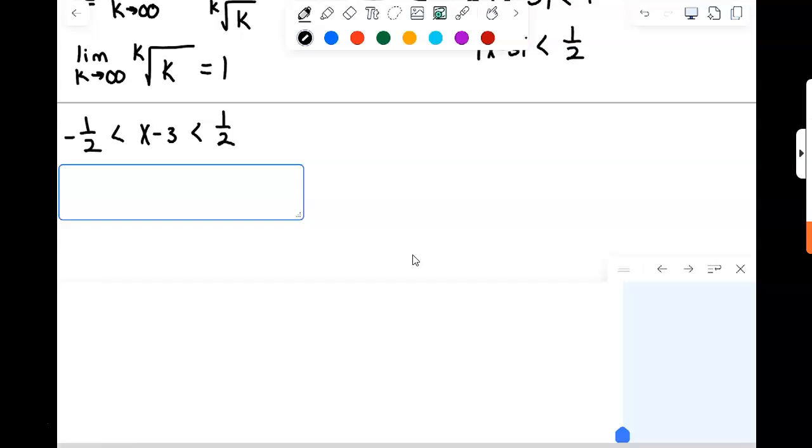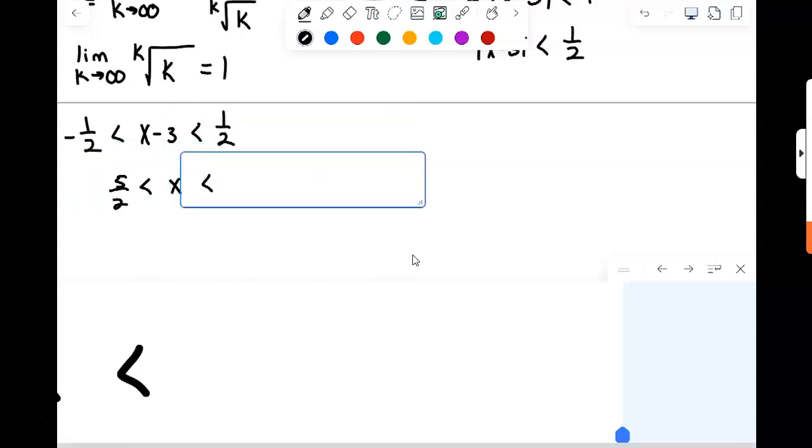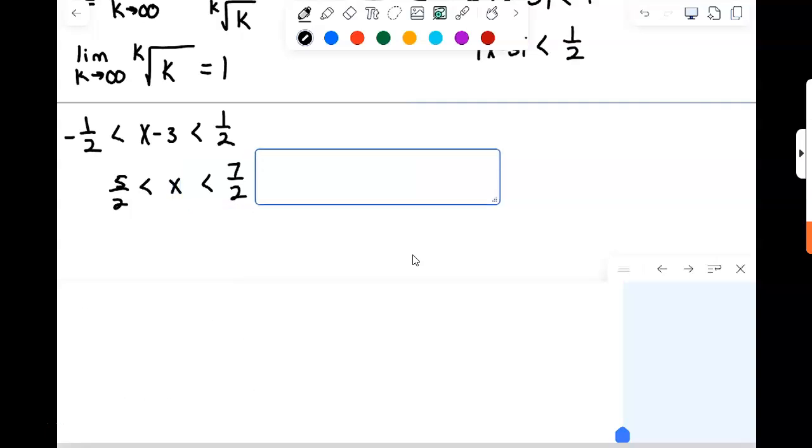So negative 1/2 plus 3 will be 2.5 or 5/2, less than x, and 3.5 will be 7/2. So we're somewhere between 5/2 and 7/2. Okay. So then we need to test the endpoints.